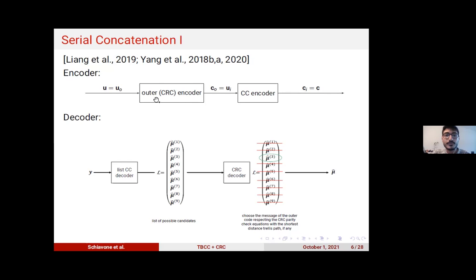And the cyclic redundancy check used in this concatenation is the best degree M cyclic redundancy check code for the convolutional code that is taken into exam. Here you see the references about how to find the best degree M cyclic redundancy check code for a specific convolutional code.